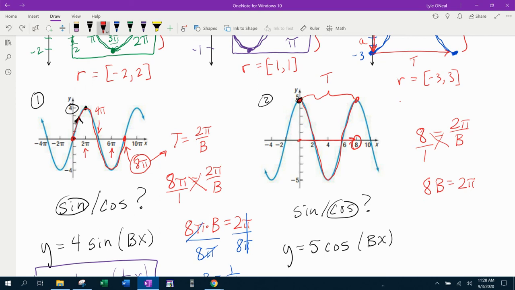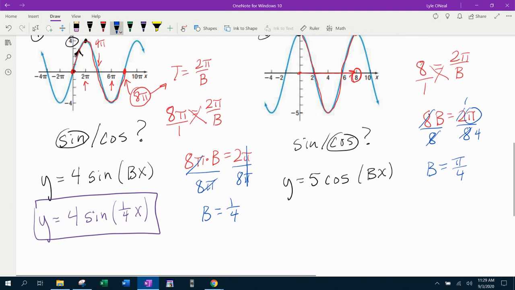Having trouble making my, there we go. Let's see here, divide both sides by 8. The 8's cancel, and that's going to tell us that b is, now 2, again, 2/8 reduces to 1/4, and the pi is still there.